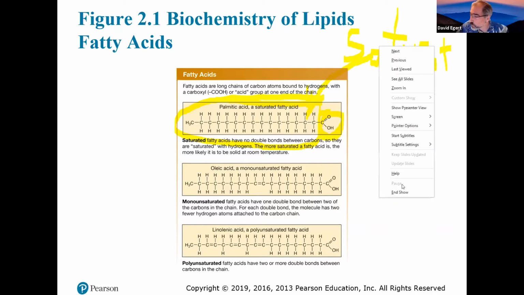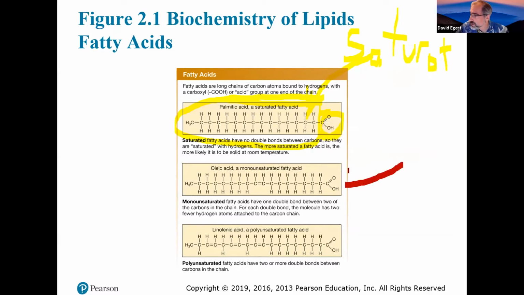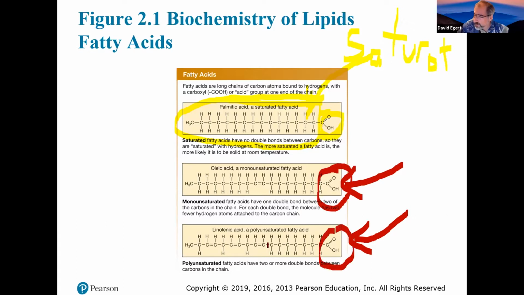However, if we look here, these are also fatty acids. Again, we have our little carboxyl here. But if you look, there are these double bonds that show up between the carbons.